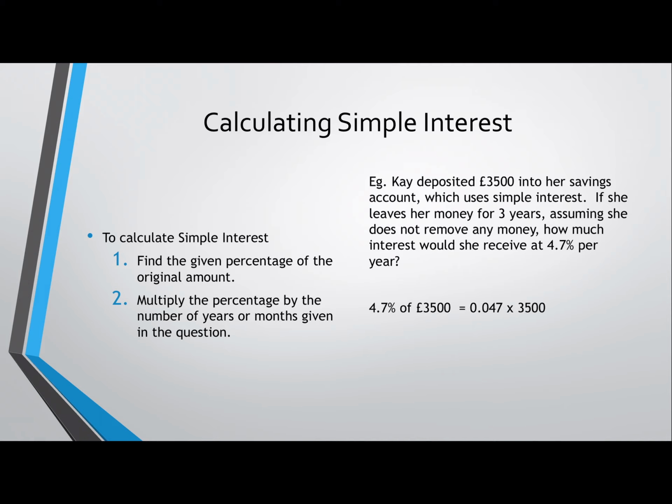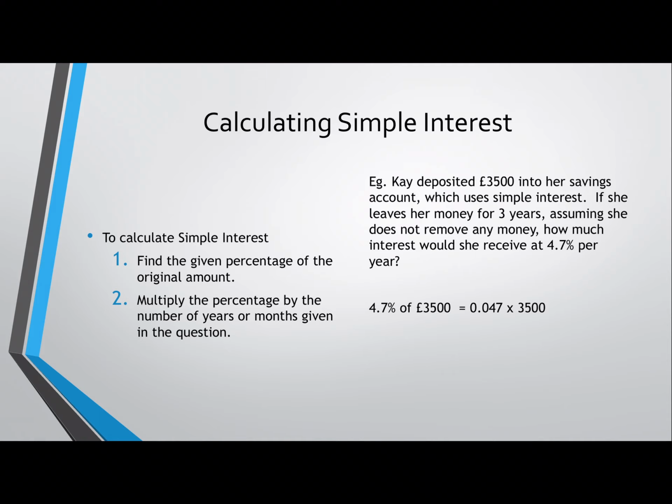So step one was to find the given percentage of the original amount. So the first thing we need to do is find 4.7% of 3,500. To change a percentage to a decimal, which is what we're going to be doing here to multiply, we divide 4.7 by 100.